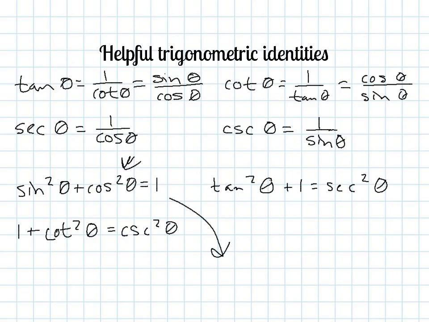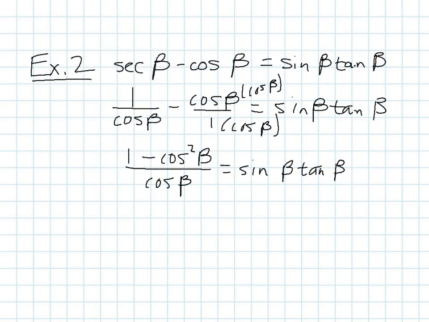If I subtracted cosine squared from both sides, you would get the identity sine squared theta equals 1 minus cosine squared theta, which is what we have in that last picture. So let's go back and insert sine squared beta in for 1 minus cosine squared beta.